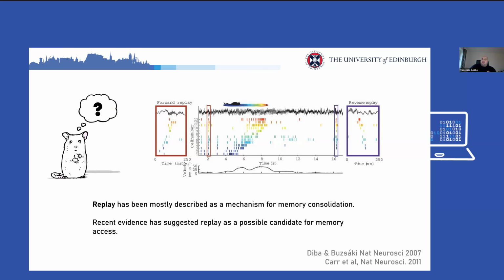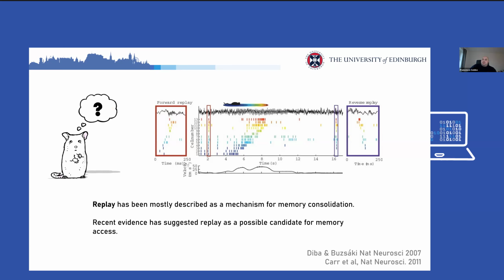And what they found is that in moments of quiet, before or after running in this linear track, they would find an accelerated reactivation of these cells in either forward order, so maintaining the order in which these cells were actually active during the linear track, or sometimes in reverse order.